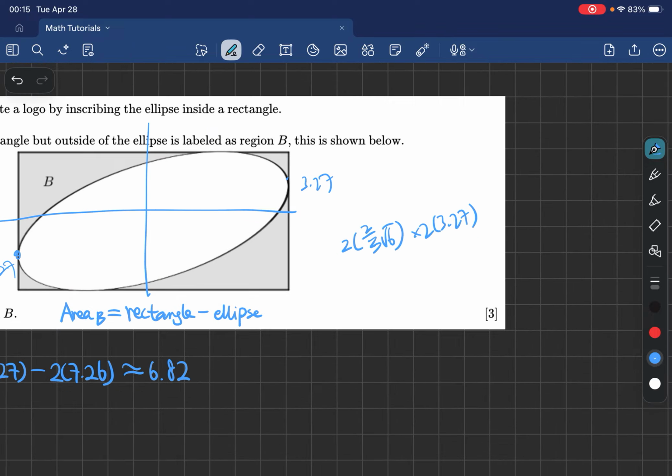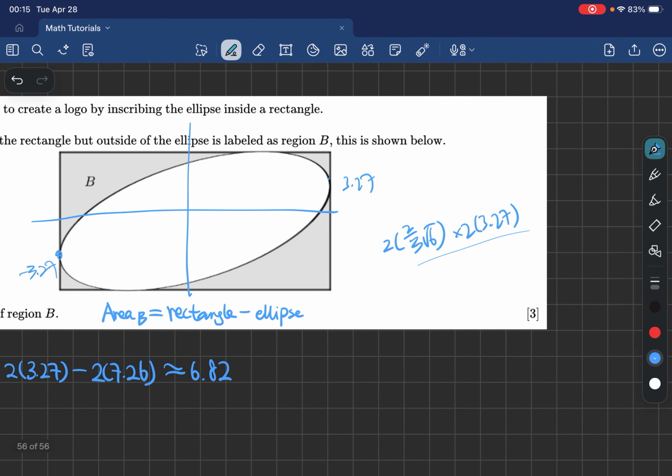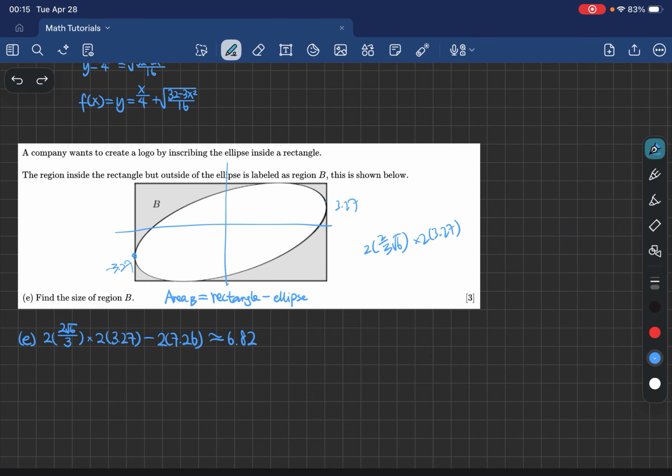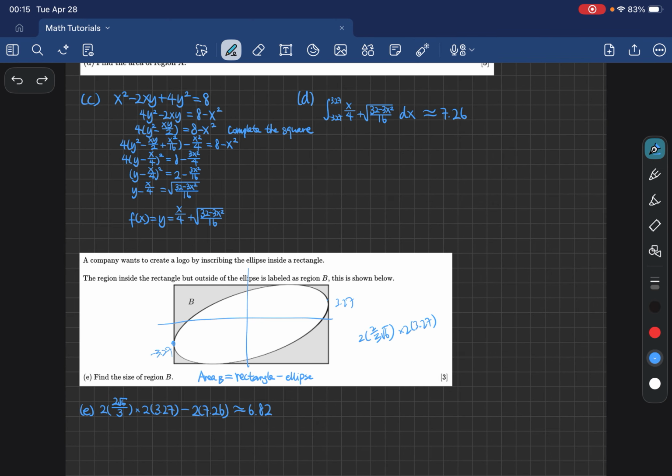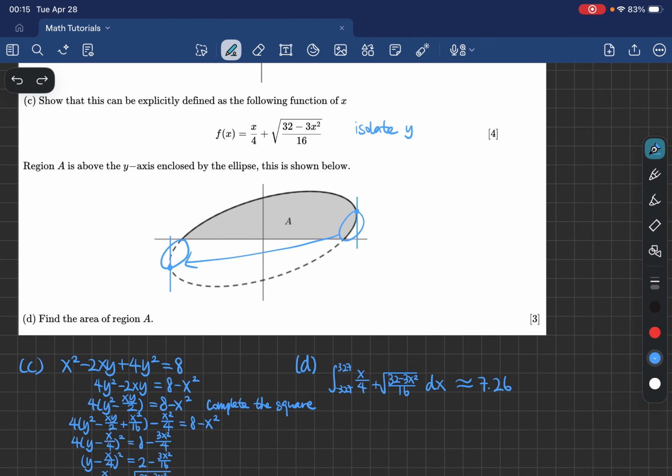So we already have the area of the rectangle from the points we got previously, and the area of this ellipse, remember, is just twice of what we got in part D, because in part D we found the area from here to there, so that's half of the ellipse.